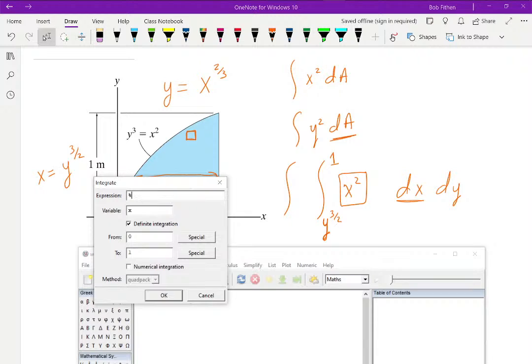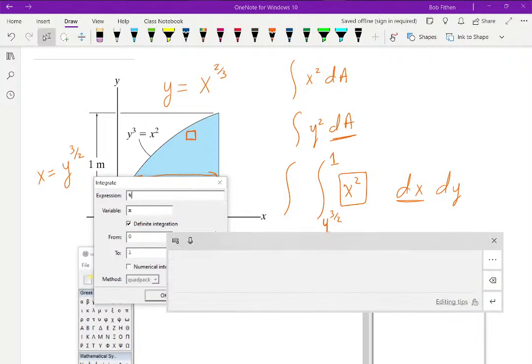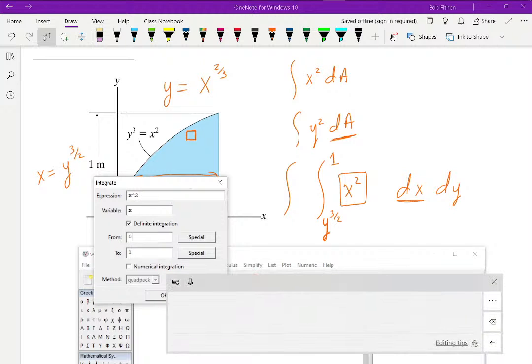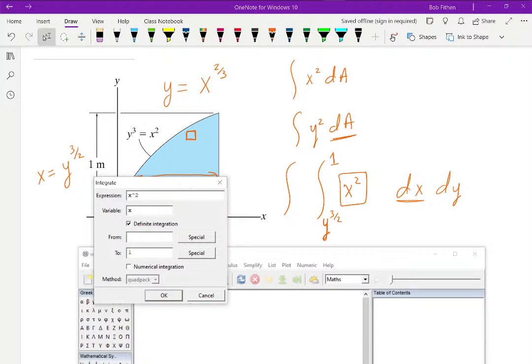Let's try this. I'm going to use the keyboard. I'm integrating x squared. I'm integrating from y to the 3/2, and then to 1. That's kind of interesting.